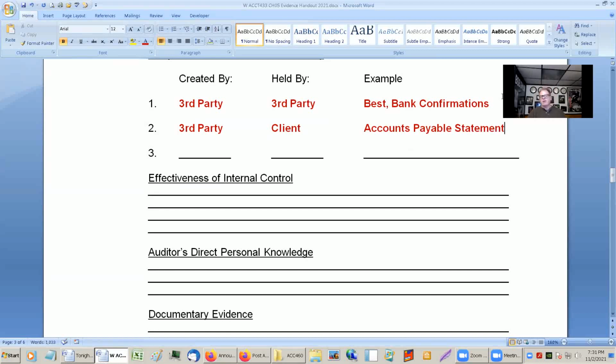So they order inventory, and every month they get the statement from the third party, whoever they're buying the inventory from, and on that it'll have what they owe. So an accounts payable statement coming from a vendor, coming from a third party going to the client.